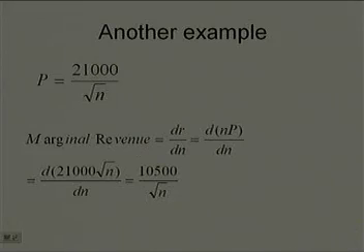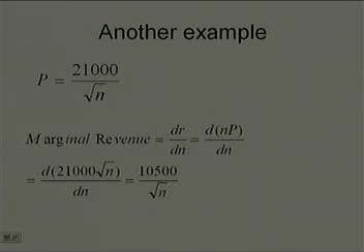For example, you could be given an expression like this, in which sales price P is given as 21,000 divided by under root n. This is another type of problem. So for different values of n, if we want, we can get the value of P. So we are given the expression itself.